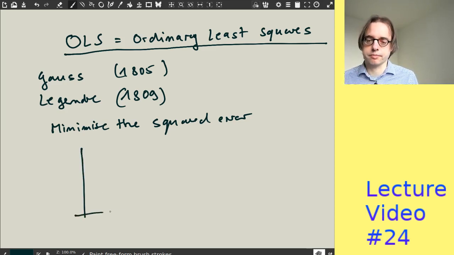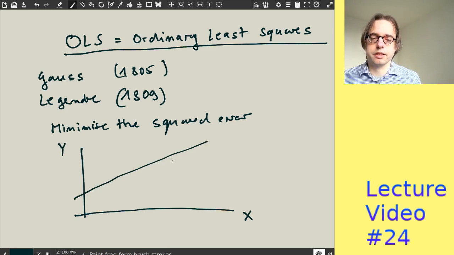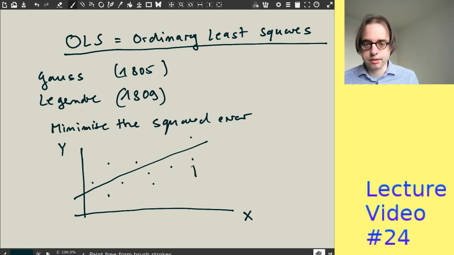In simple linear regression, we have x here and our y here, and then we have our linear model here, and then we have data points. Each data point is a sample from this regression model, where we have this deterministic part and the noise part.